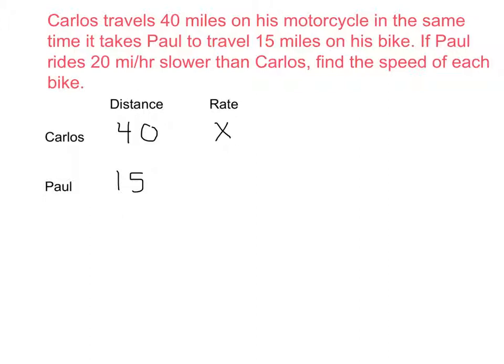on his bike, and we know that he is 20 miles an hour slower than Carlos. So if Carlos is going at a rate of x miles per hour, Paul is going to be x minus 20. And the last thing we know is it takes them the same amount of time. So we're going to work off of our rate times time equals distance formula again.